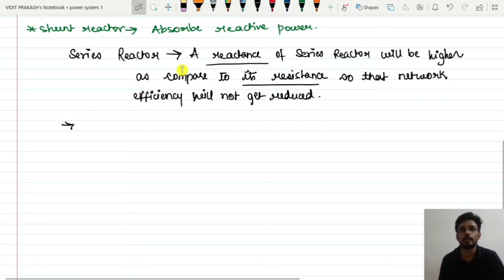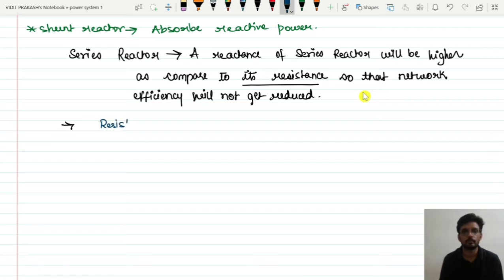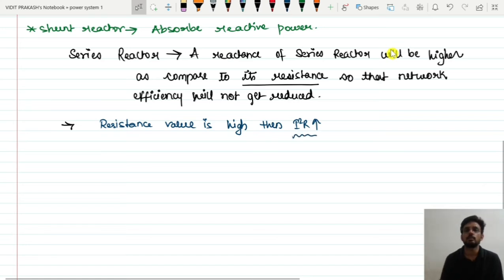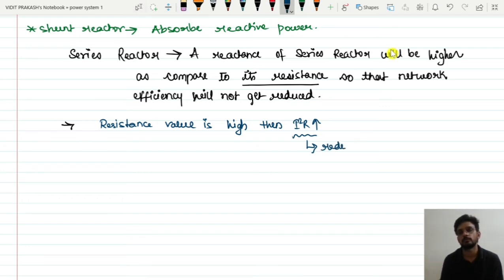Why are we using a reactor which has a high reactance value and low resistance value? See, if the resistance value is high, then I square R loss will increase, right? If I square R loss increases, this will reduce your system efficiency.